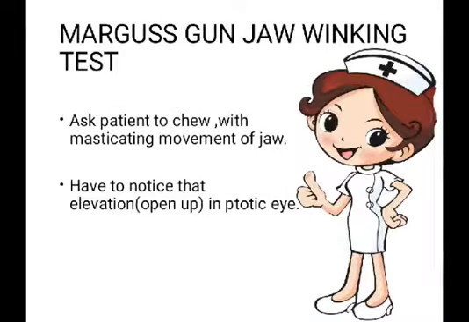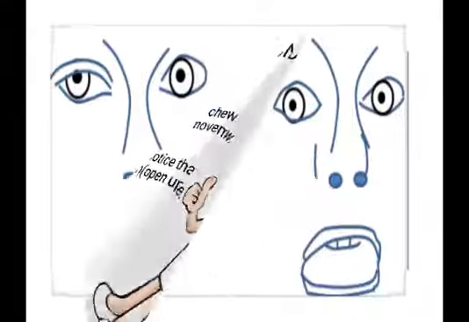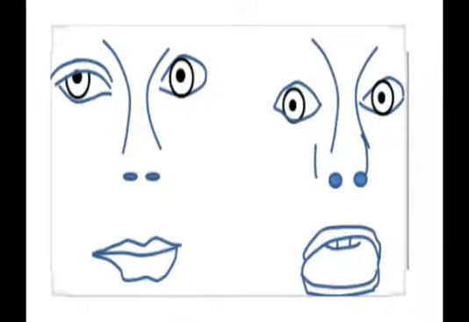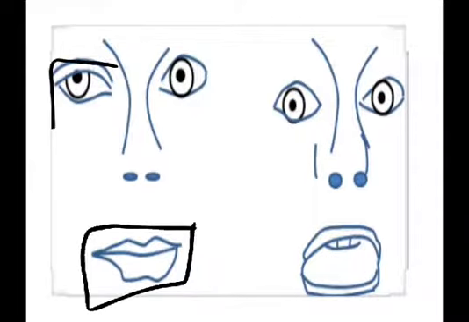Let's move to the next one, the Marcus Gunn jaw winking test. In this test we ask the patient to chew with a masticating movement of the jaw. Let us understand with the help of a diagram. This is the ptotic eye. When the patient's mouth is closed, the ptotic eye shows ptosis.